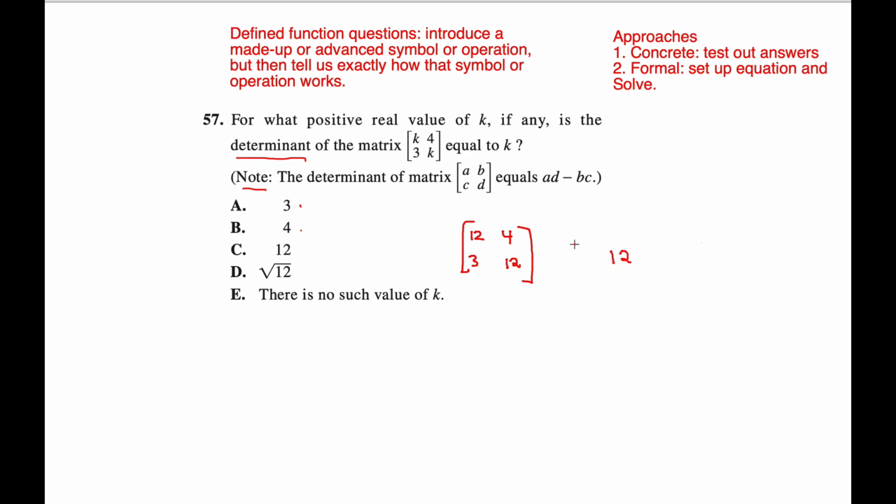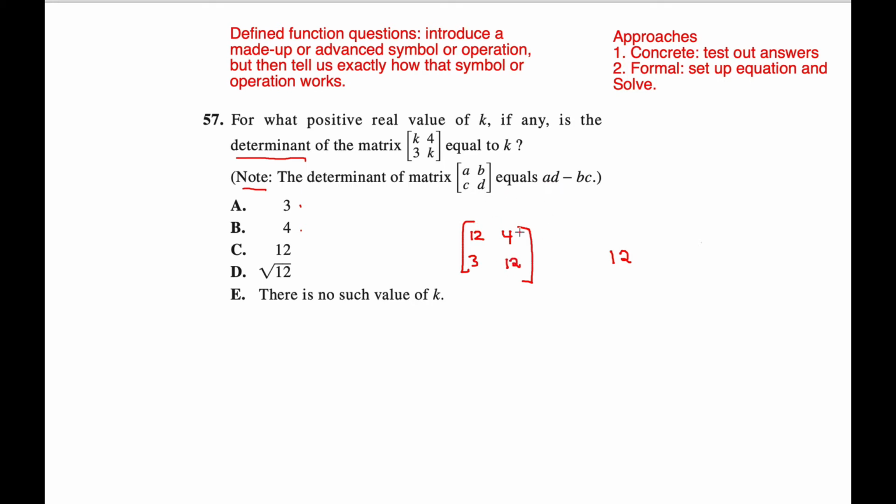Well, now, if we don't know what a determinant is, or even if we do, we can just reread this note and see that the determinant of a matrix with different elements arranged in this order is going to equal a times d minus b times c. Looking at the matrix we have now, we can see that the a is going to be the number in the top left corner here, and then the d is going to be the number in the bottom right corner.